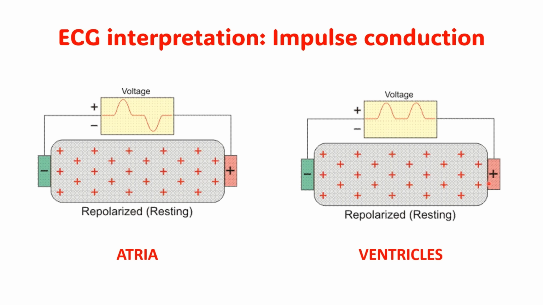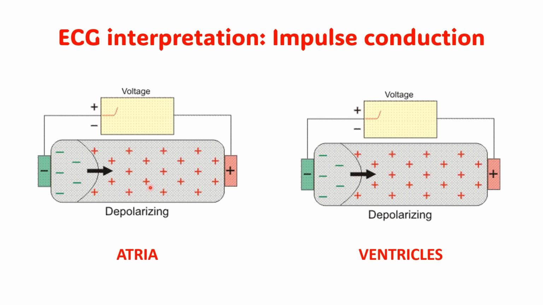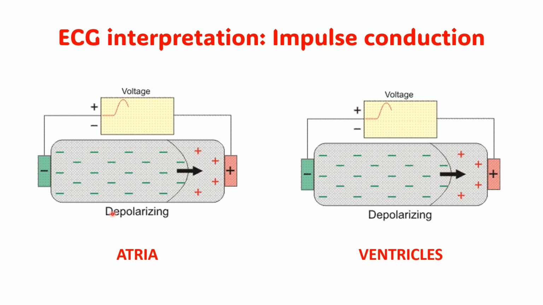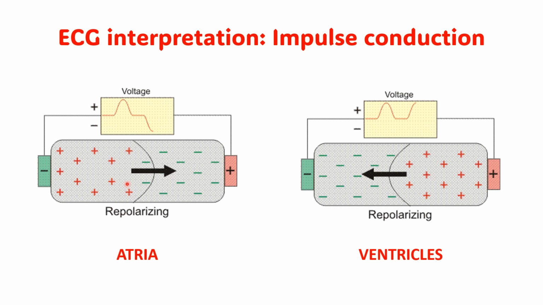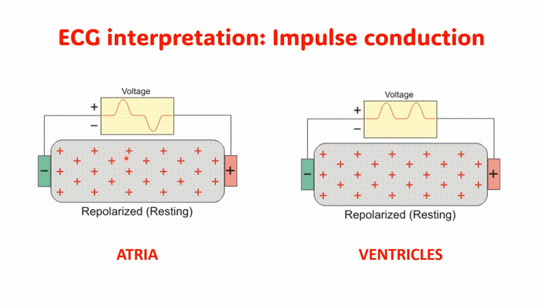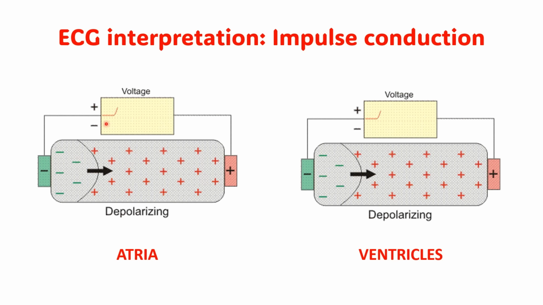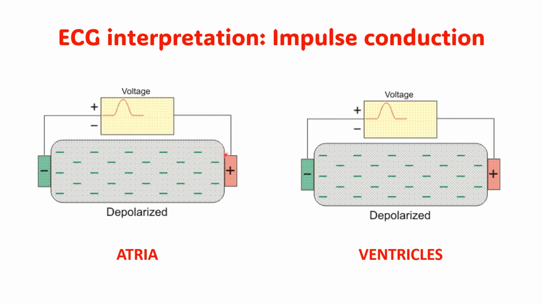Okay. So if we look at the atria first, we know that depolarization towards a positive electrode gives a positive deflection, and I can show you from the diagram how this is represented. So when it's depolarized towards the positive electrode, we're going to have a positive deflection.